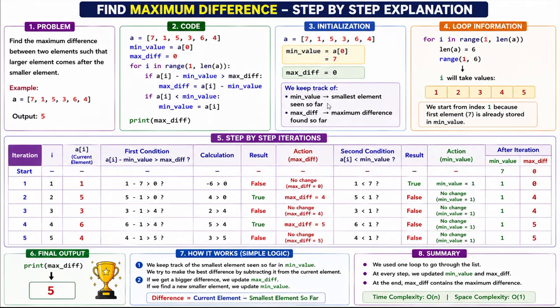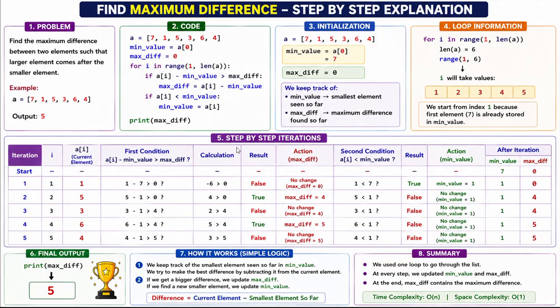And here the exact idea is we keep track of the smallest element seen so far in the min value. We try to make the best difference by subtracting it from the current value. Okay. By every iteration you will get an idea. Just don't panic.